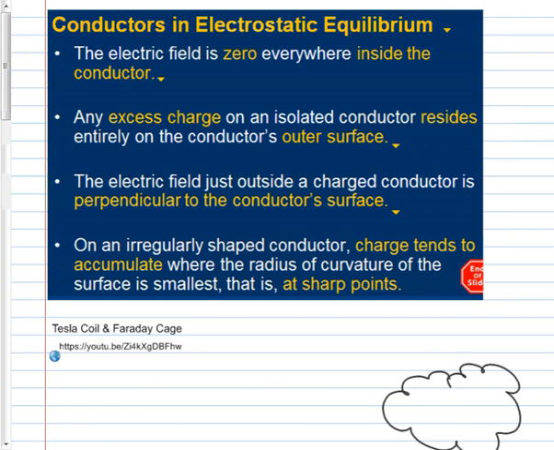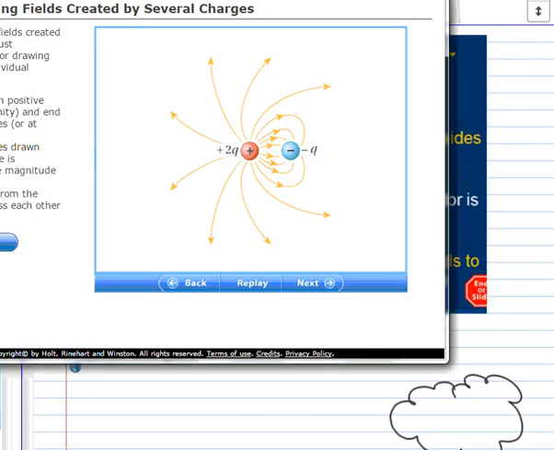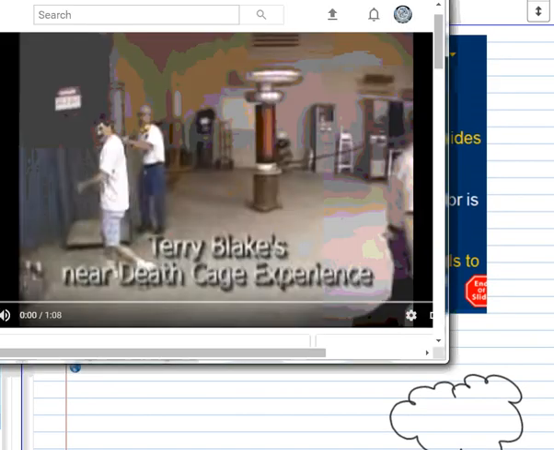And the first thing I'm going to show you is a large Tesla coil, much stronger than mine, and a person inside a Faraday cage. So let's hit the lights. Near-death cage experience. Yeah, it's not really a near-death cage experience. But I'll let this play here, and we'll leave it at this size because that way it gets recorded for your friends.